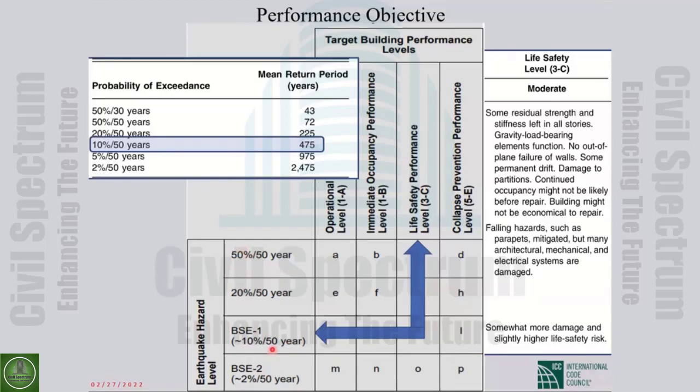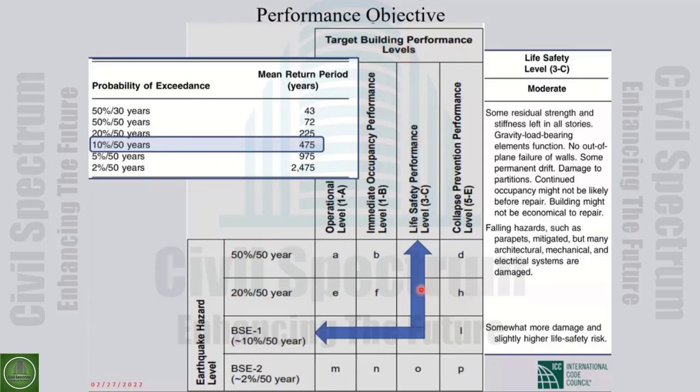Here there are 4 levels mentioned, but whatever we want. And then we have the tools to check the demands for that level of the earthquake and see if these demands satisfy the requirement for that specific building performance level or not.